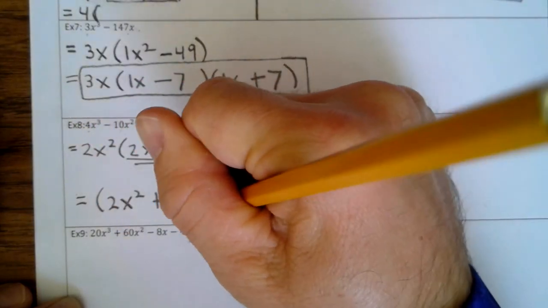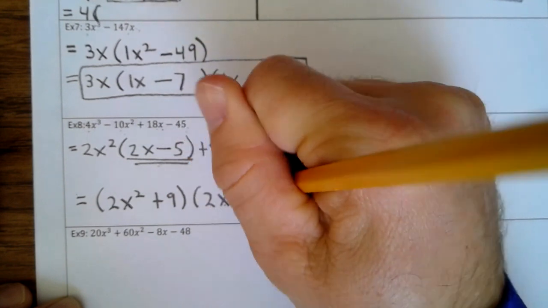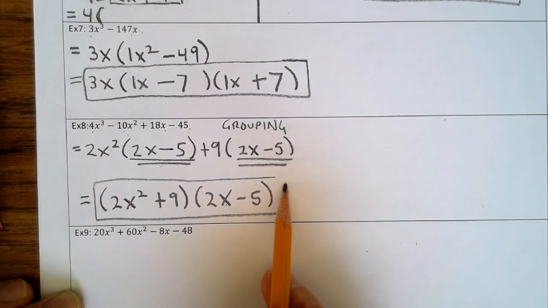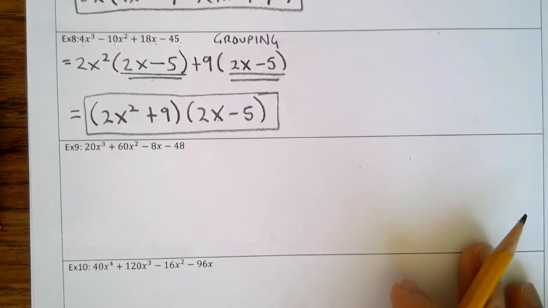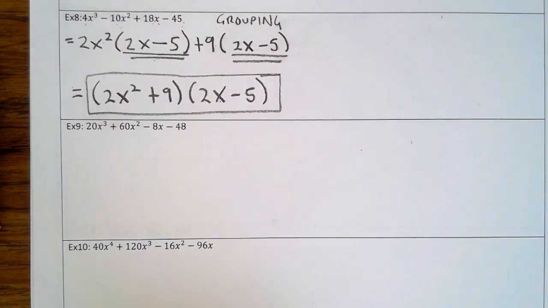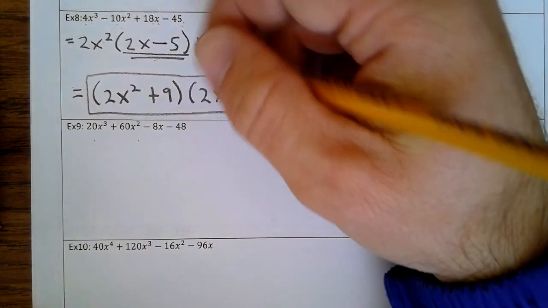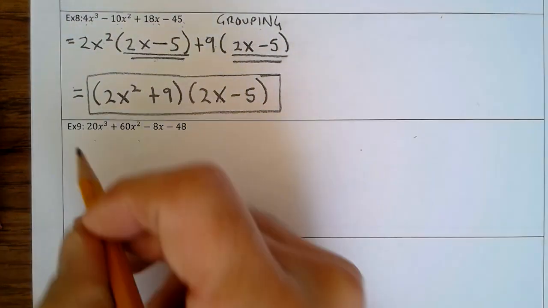All right, example 9. Again, if there's 4 terms, we factor by grouping. So let's see what we can factor from the first 2 terms. It looks like 20 works for the first, and then we can factor out an x squared as well. Well, 20 divided by 20 is 1.